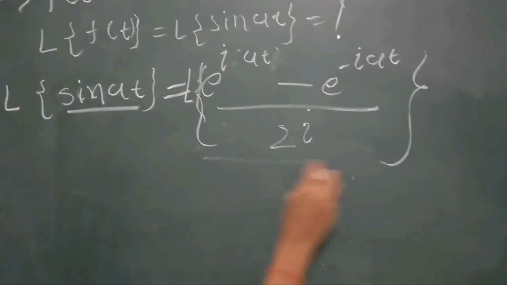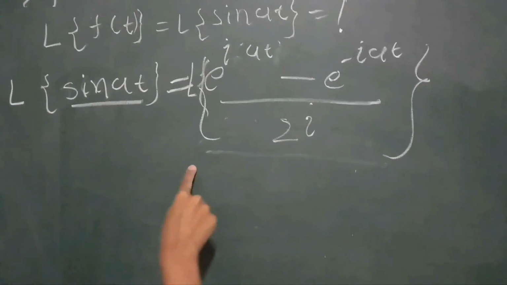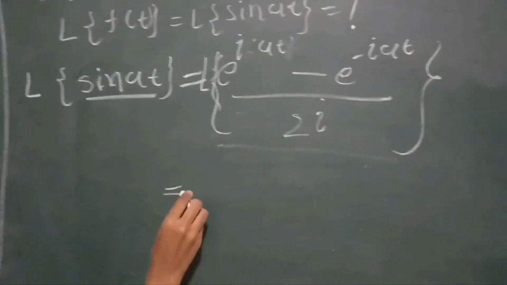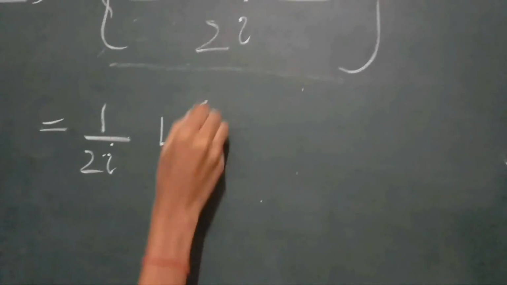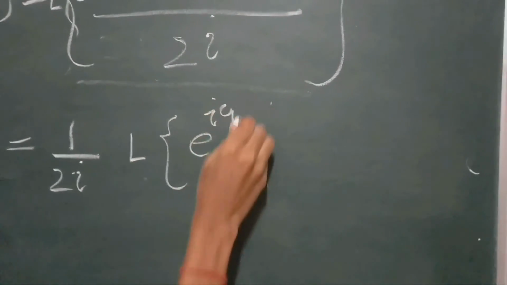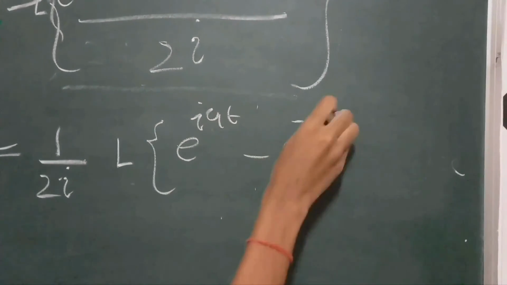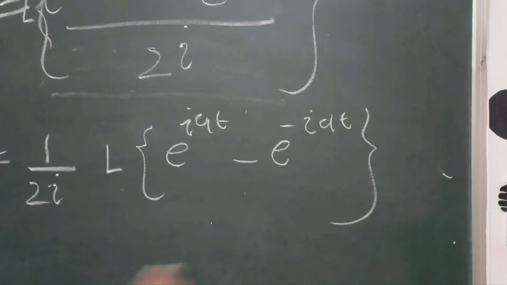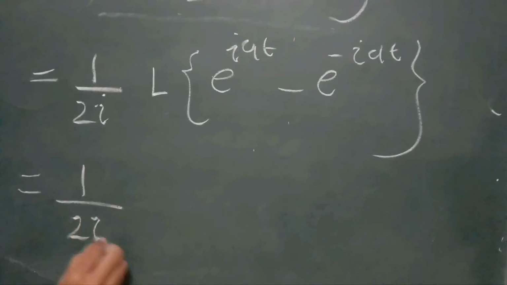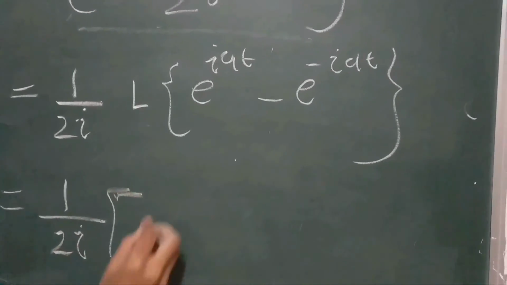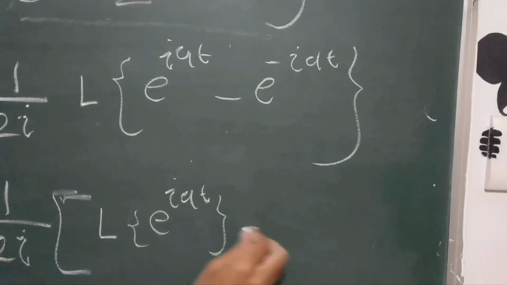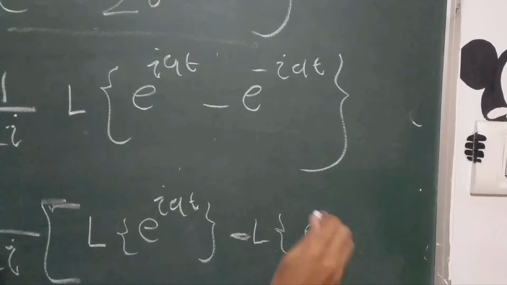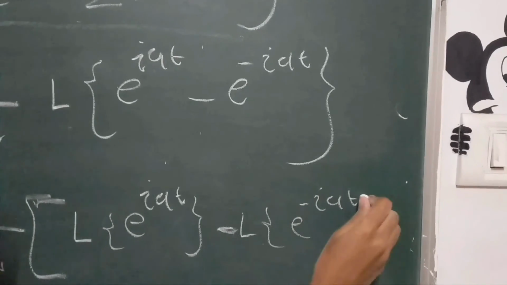Because sin at is equal to this, L of sin at is equal to L of this. So 1 upon 2i L of e raised to i at minus e raised to minus i at, is equal to 1 upon 2i times L of e raised to i at minus L of e raised to minus i at.